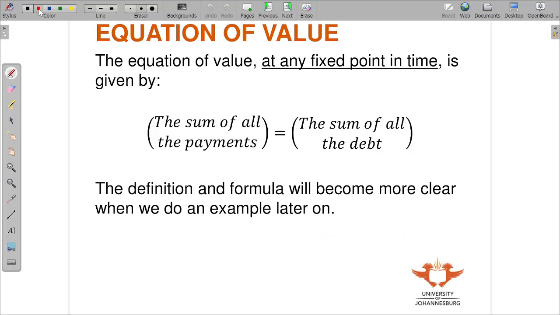Now, when we are dealing with the equation of value, we always calculate it at a fixed point in time.